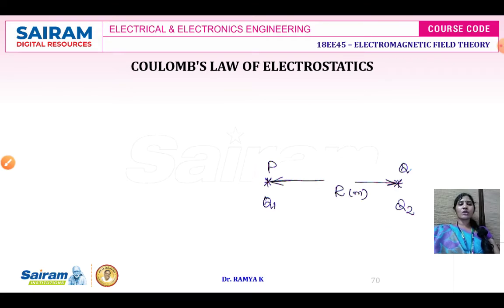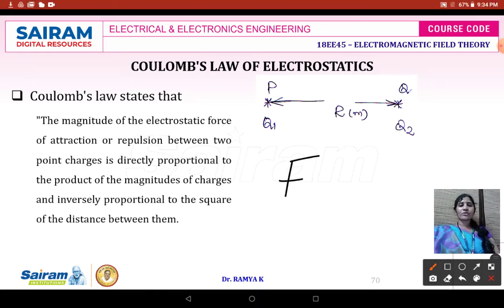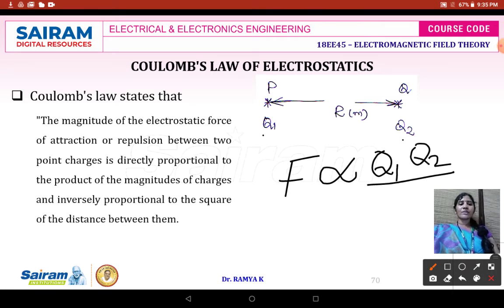Therefore, Coulomb's law of electrostatics states that the magnitude of the electrostatic force, that is the force of attraction or force of repulsion, is proportional to the product of the magnitudes of the charges, Q1, Q2, and inversely proportional to the square of the distance between them.